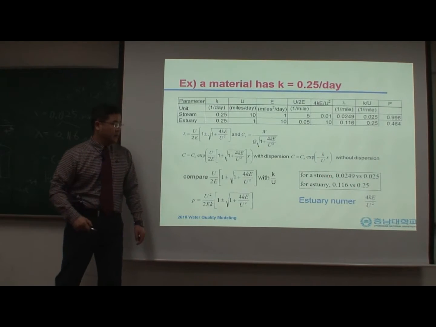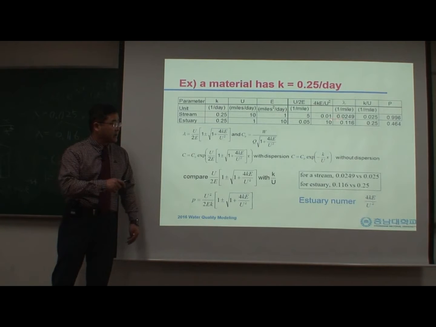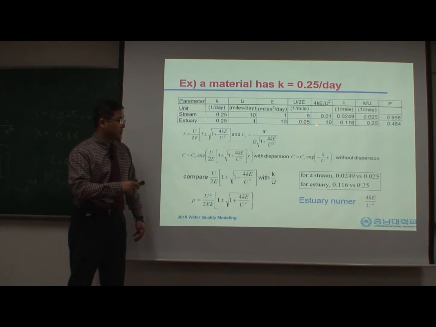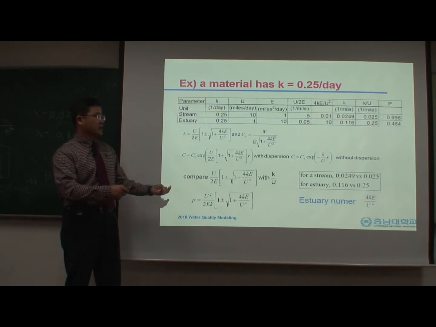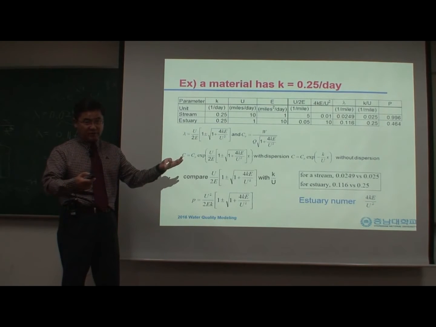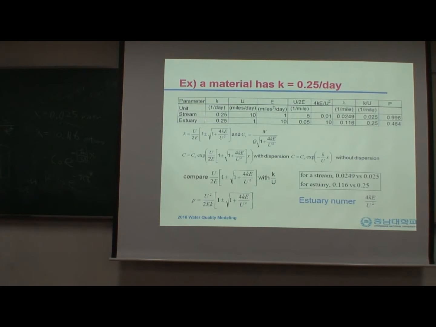So in that case, if you want to compare this and that, then this kind of stuff is something you want to use. The estuary number is like that. If the estuary number is small, then okay, we can ignore dispersion. If it's big, we have to consider it. Okay.